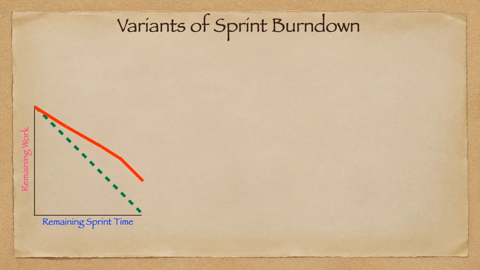By the end of the sprint, the red line is not touching the x-axis. That means some amount of work is not done. In that case, whatever backlog items are not meeting the definition of done by the end of the sprint will go back to the product backlog at an appropriate place.